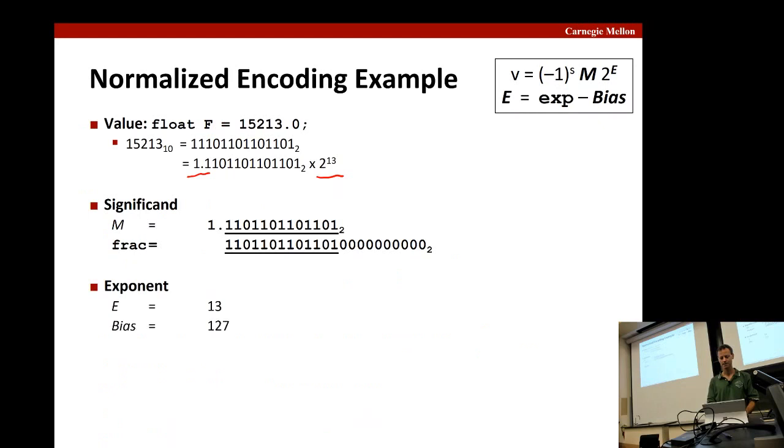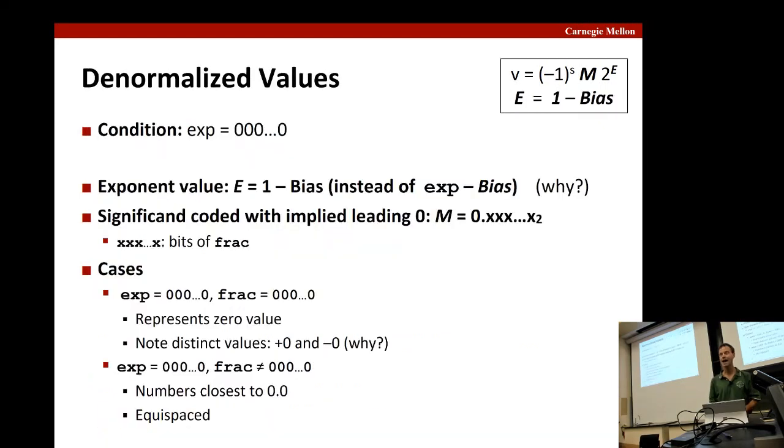To allow for that, to pack in more representable values close to 0, we have this special setting in the exponent where we look at the values in a different way. Those are called denormalized values. A couple of things are different here.